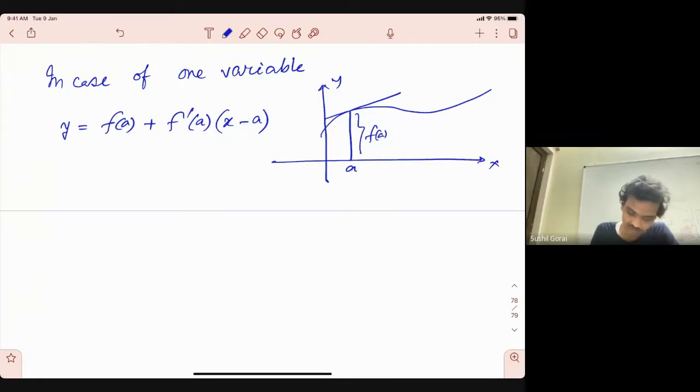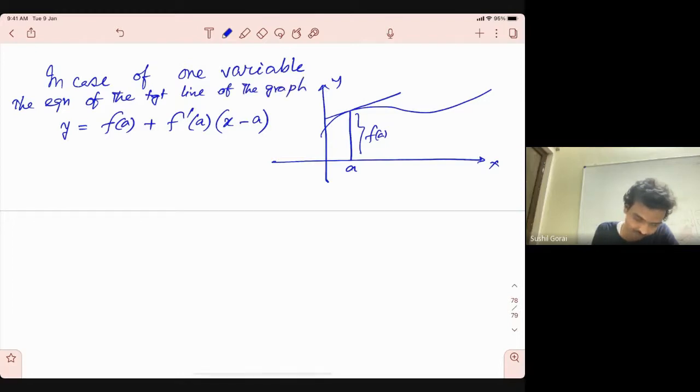So now this is the line. So this is the equation of the tangent line of the graph at a comma f a. Now look at this one. If x is near to a, you can put x minus a as h.